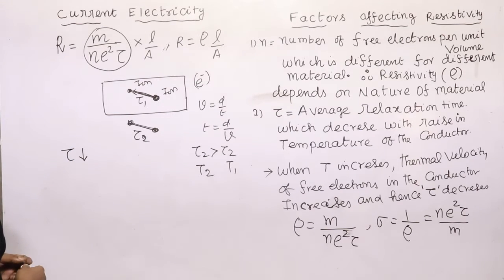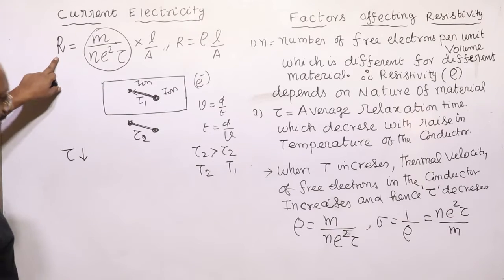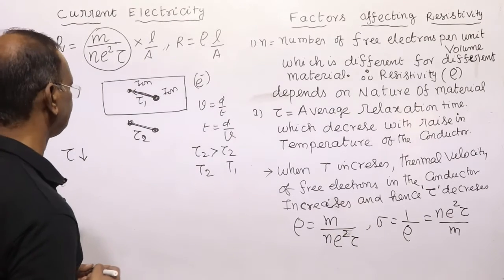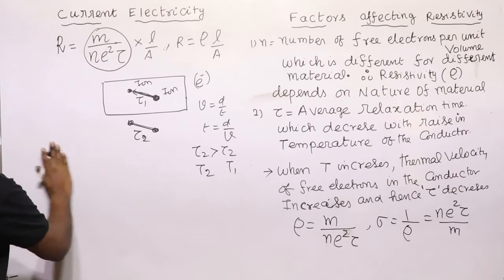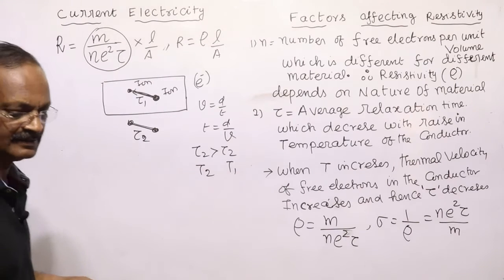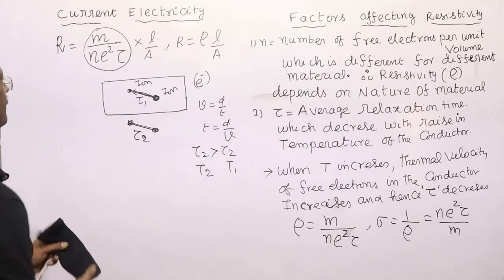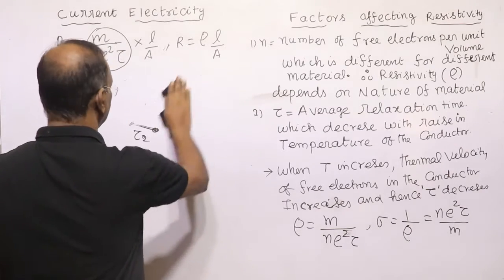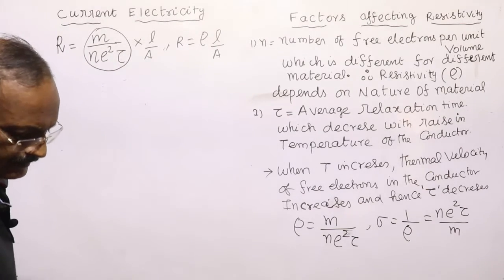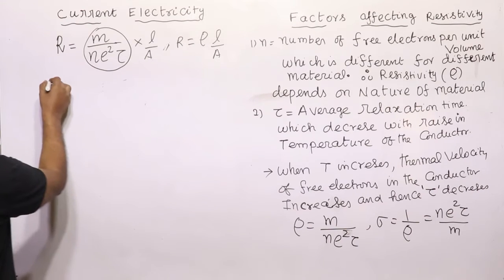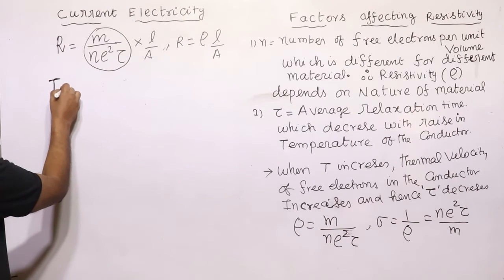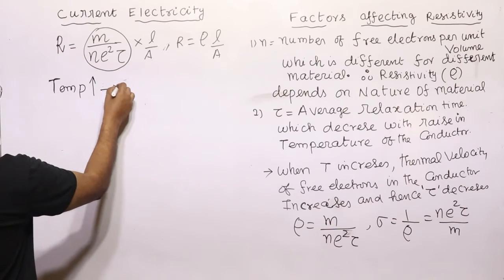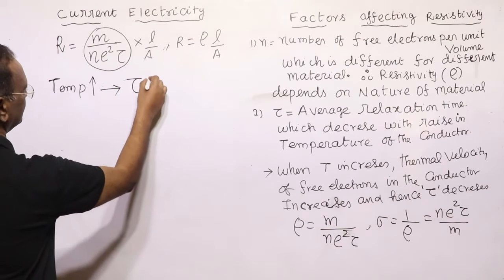If tau is decreasing, what will happen to the resistivity? First, let us check the resistance. We have come to the conclusion that when the temperature of the conductor increases, the relaxation time decreases.